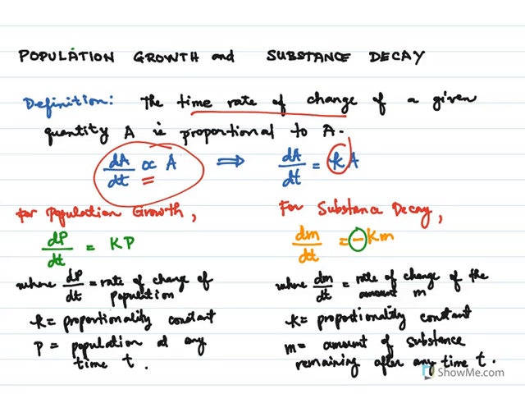Now let us try to derive the formulas, or the general solution, for the given differential equations, because these two are basically differential equations, but very simple ones. So solving for the solution is not that complicated. You have dP over dt equals kP, or the derivative of P with respect to t is equal to kP. That's our differential equation for population growth.